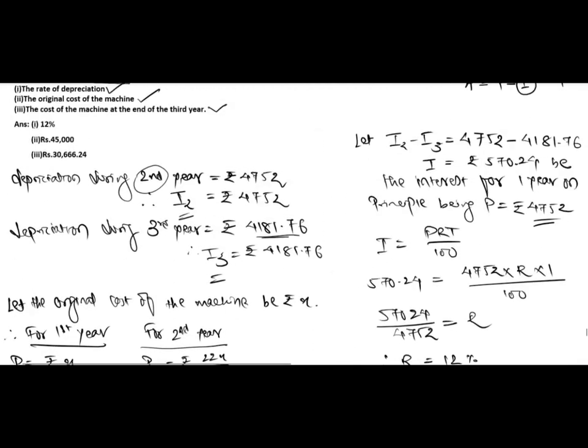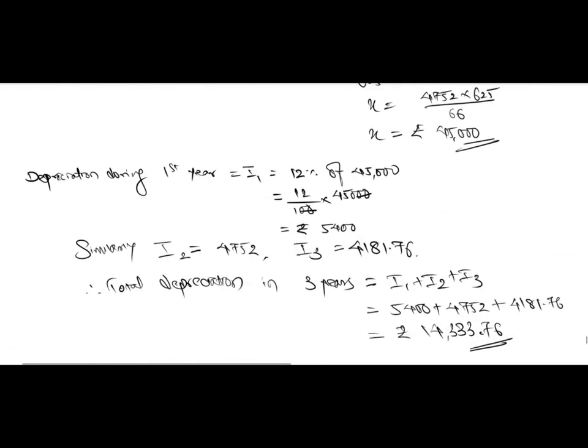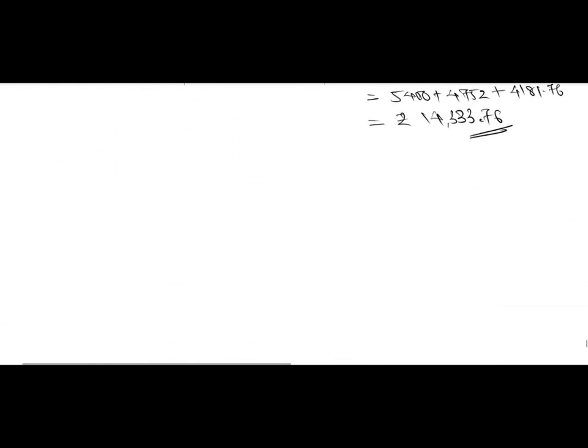What they have asked us in the last question is the cost of the machine at the end of the third year. Therefore, cost of the machine at the end of the third year is equal to the original cost of the machine. What is the original cost of the machine?